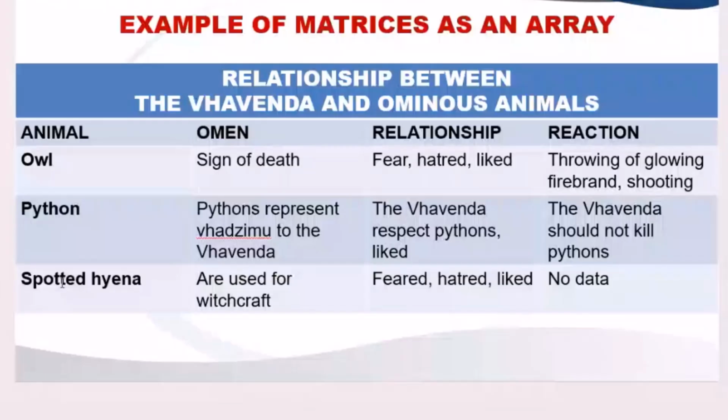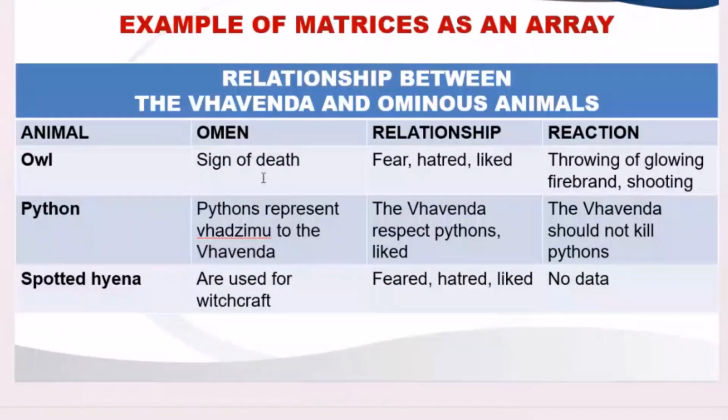But we can take this discussion and merge it, when we talk about the omen related to the owl, the relationship with it and the vendor, and how people react to it. But there is a heading where we will talk about omens only. We talk about the omen in relation to the owl, to the python, and the spotted hyena. Then this column, other people can say, is a class or a category.